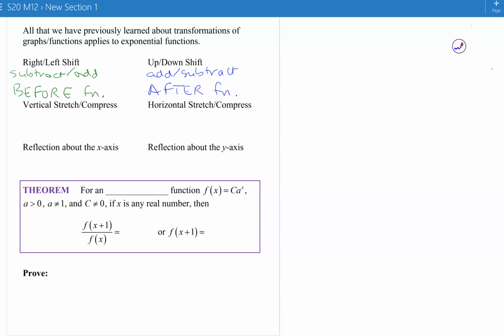Then vertical stretch or compress happens by multiplying after the function. And the stretch happens if a is bigger than 1, and the compress happens if a is between 0 and 1.